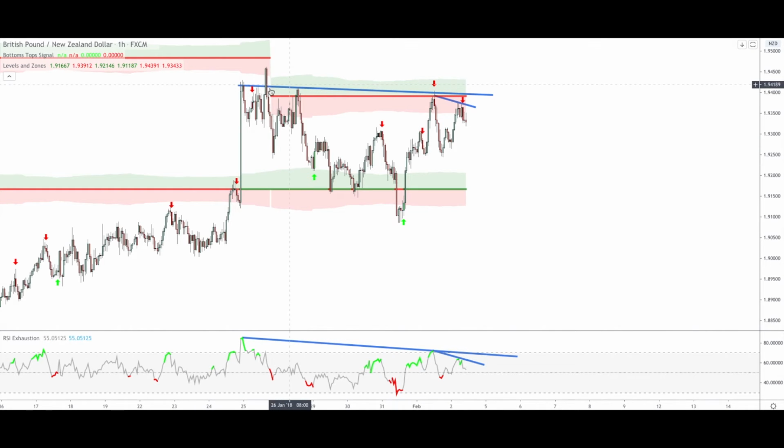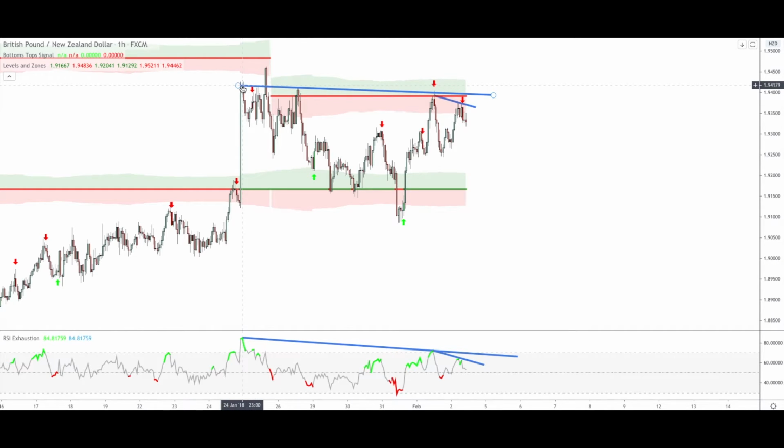So even if technically we would like to see something like the RSI going down and the price going up to have a divergence, technically we don't have divergence, or at least a strong divergence.